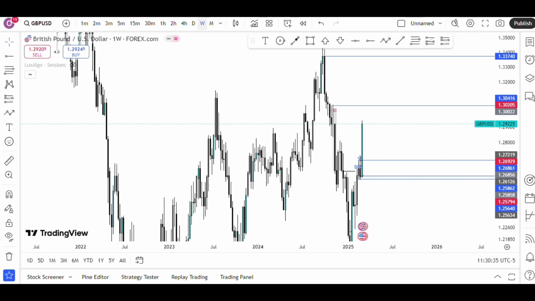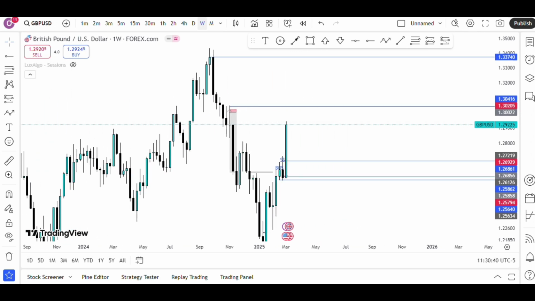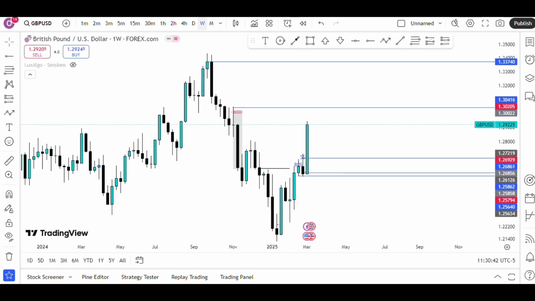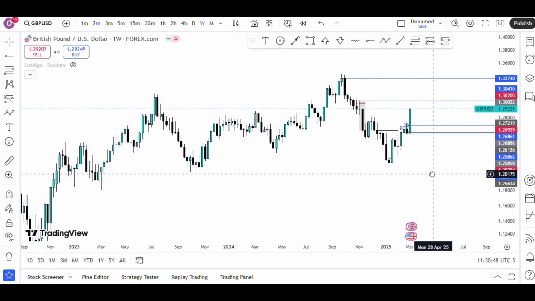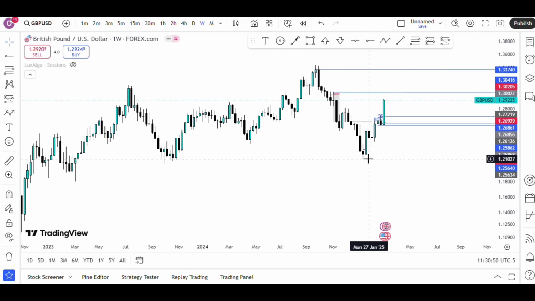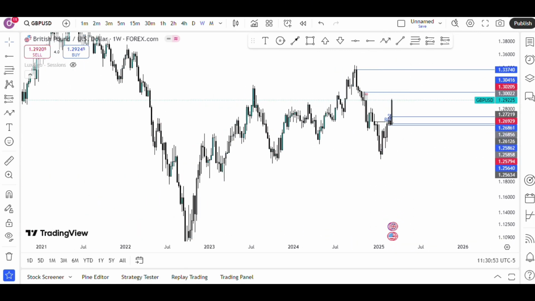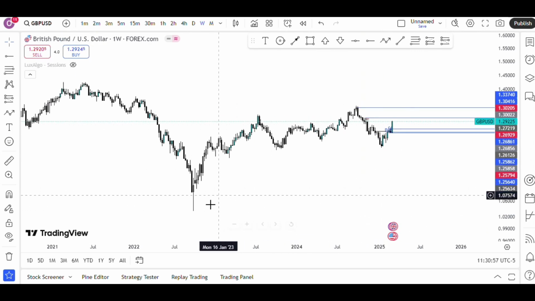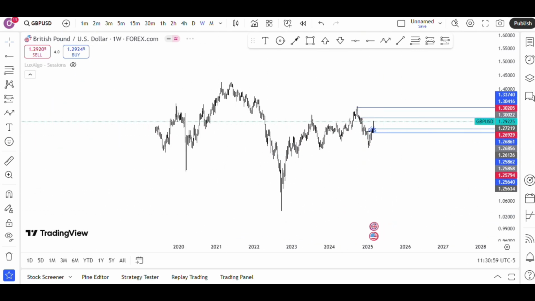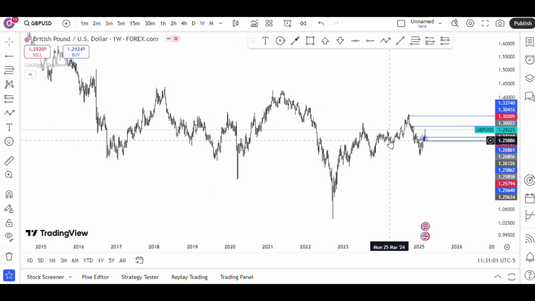Okay, so on the weekly time frame, you can see we have a market that is on an uptrend, with these candles pushing up. Apart from noticing that the candles are bullish, we are on a short-term uptrend, and with the price action we are consolidating right here.